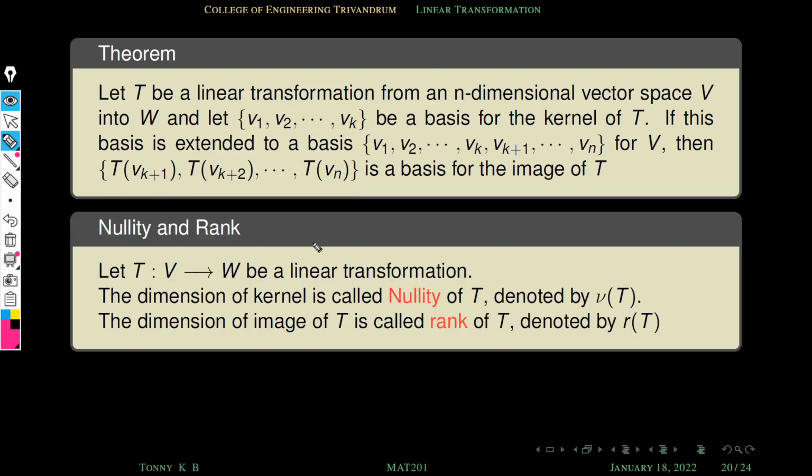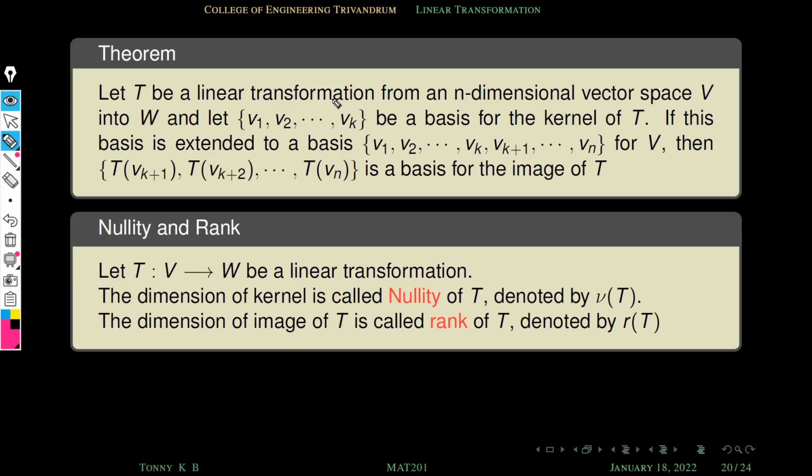Okay. Next definition: the dimension of the kernel is called the nullity of the transformation and is denoted by nu of T. The dimension of the image of T is called the rank of the transformation, denoted by r of T. Okay. So in this result, what is the nullity of the transformation? Nullity is the dimension of the kernel.